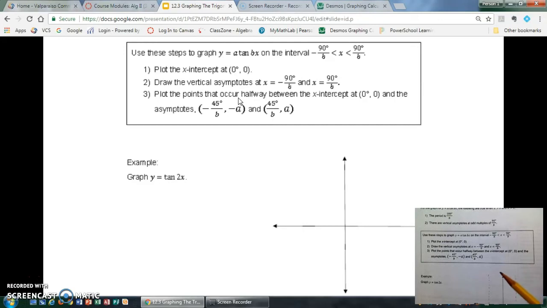So anywhere where the cosine value is 0, I'm dividing by 0 in that problem, and I end up with a vertical asymptote there. We learned about that a little bit earlier. So I go ahead and I put those asymptote values in there, and these are the odd multiples of 90. So 1 times 90, 3 times 90, 5 times 90, and so on. It also asks us to plot the points that occur halfway between the x-intercept and the asymptotes.